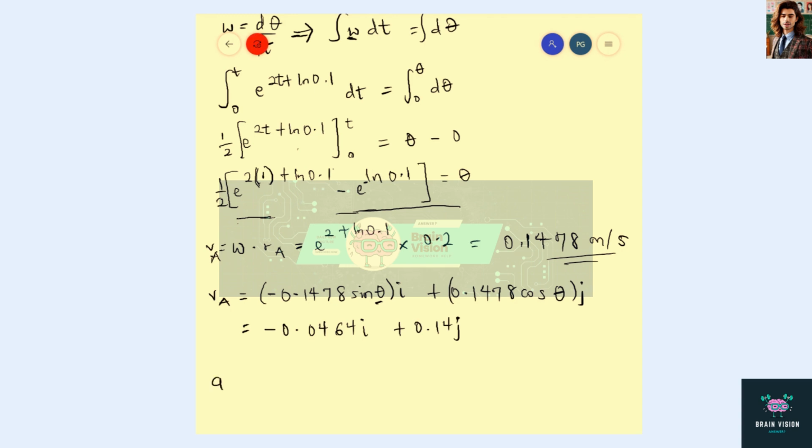Now for the tangential acceleration, we go to alpha r at A, which is equal to 2 times the angular velocity, which is 0.2956 meters per second squared.